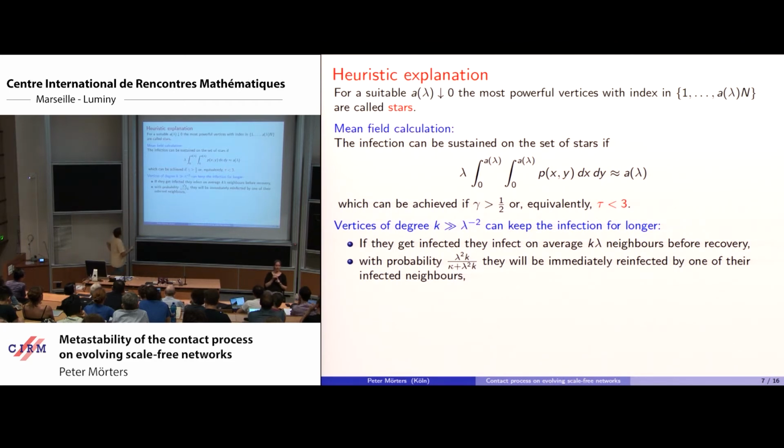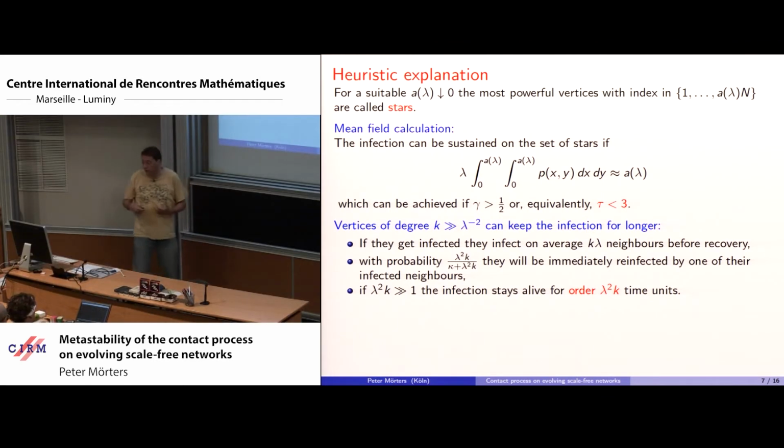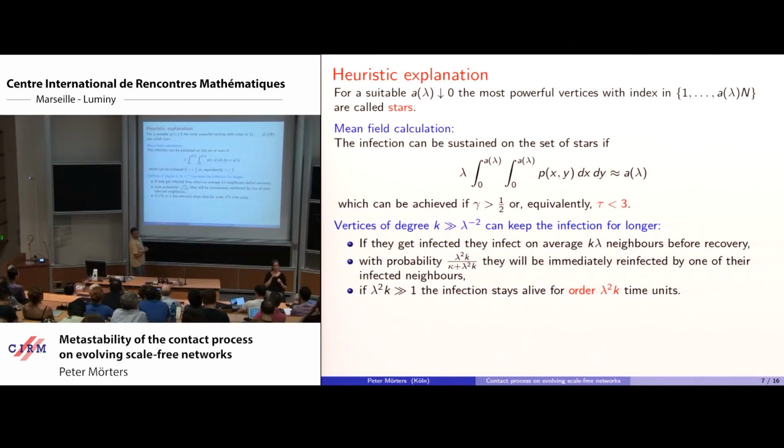And if lambda squared k is of bigger order than 1, this is very close to 1. Therefore, in this case, the infection stays alive, the recovery is not sustained, and it will do so until this unlikely event happens, that the update happens straight after the recovery, and that will take of order lambda squared k time units.